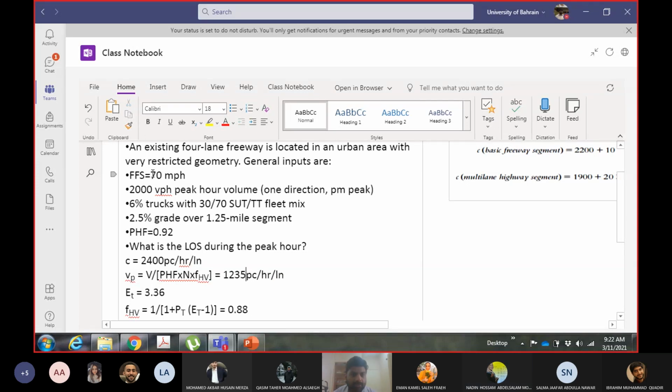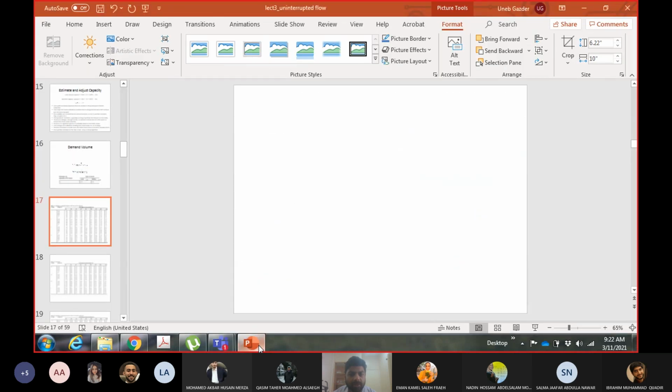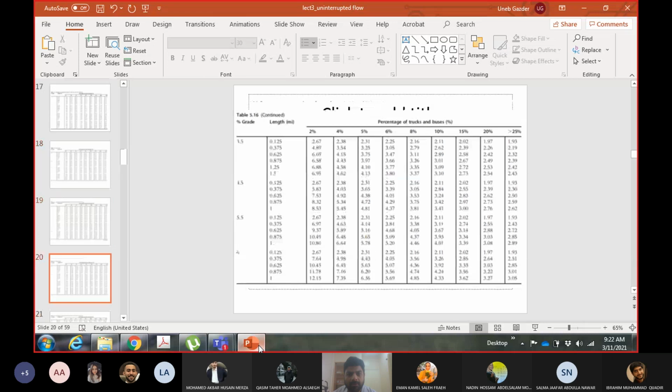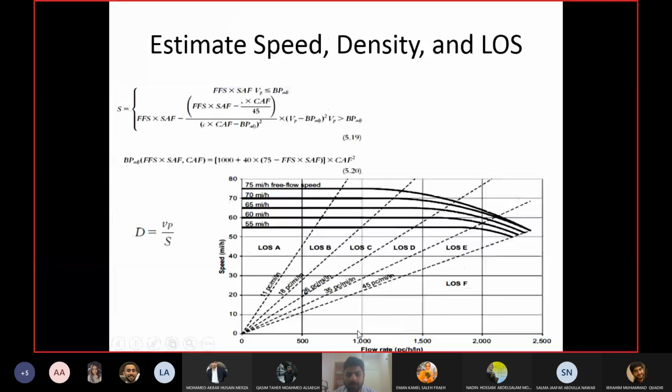Now since the free flow speed is exactly 70, I can use the curves which are given. So 1,2,3,5 means you are looking at something here.